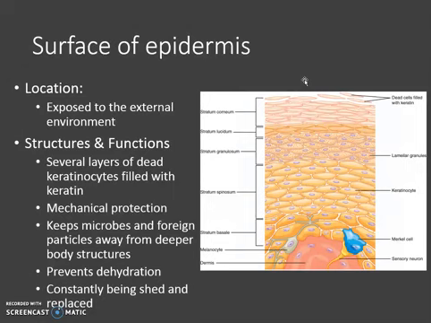So it helps to prevent dehydration. And as we mentioned, your epidermis is basically an assembly line for cells. So you're constantly making new epidermal cells, and those cells are getting pushed to the surface, and you're constantly losing the surface cells. But those surface cells are going to be replaced by the next layer down here.